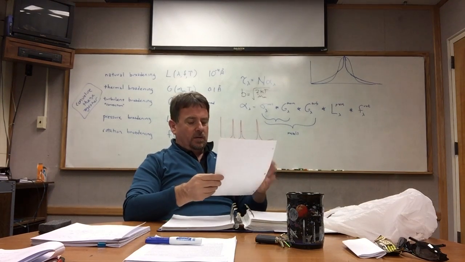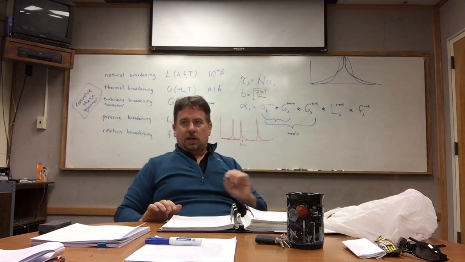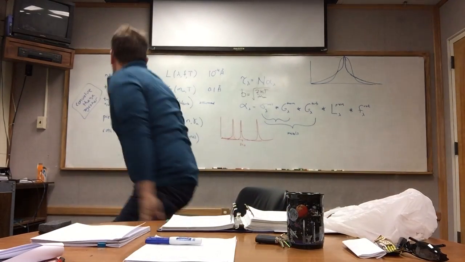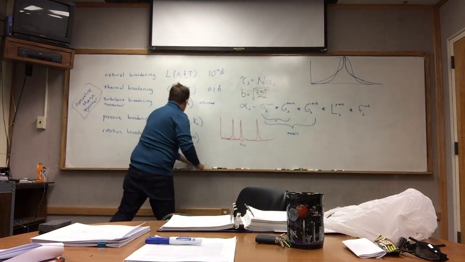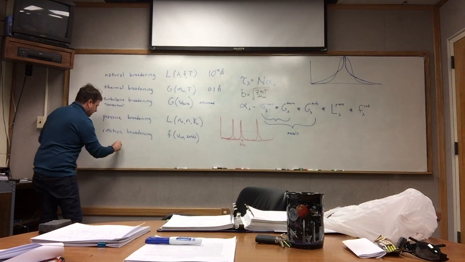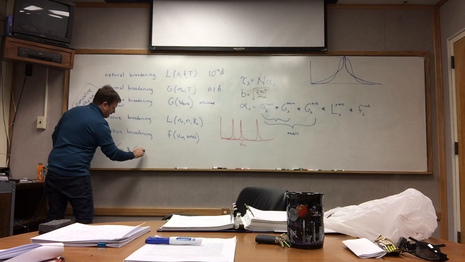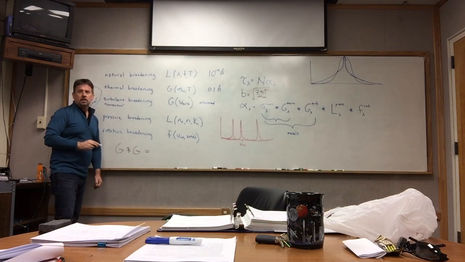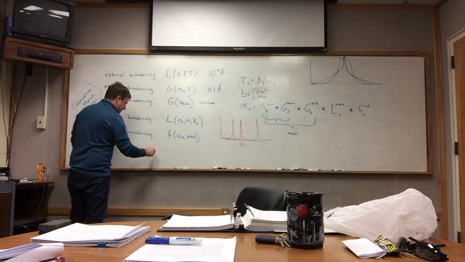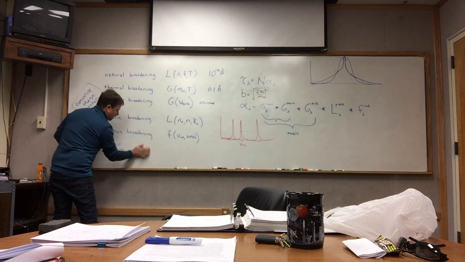Now, what I want to say to you is you have to understand this, please: when you convolve a Gaussian with a Gaussian, guess what you get? A Gaussian. Let me do this even better.